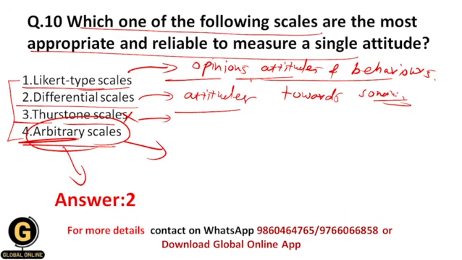Whenever you need to measure variables which are not that clear to the researcher, but are appropriate to the specific topic, then you can use arbitrary scales. And that's why this option again gets eliminated. Likert type scales gets eliminated, so your correct answer should be 2.